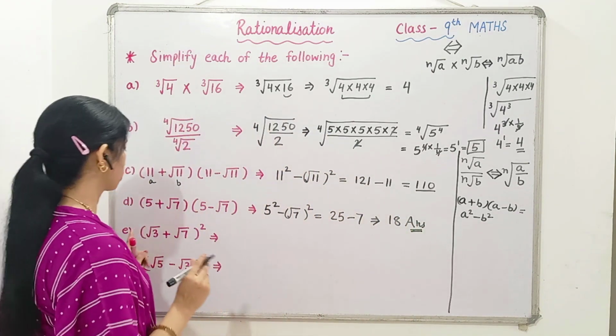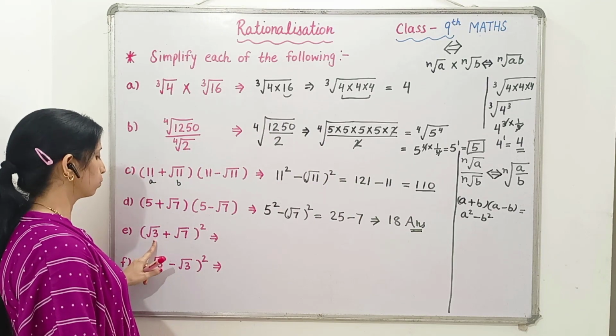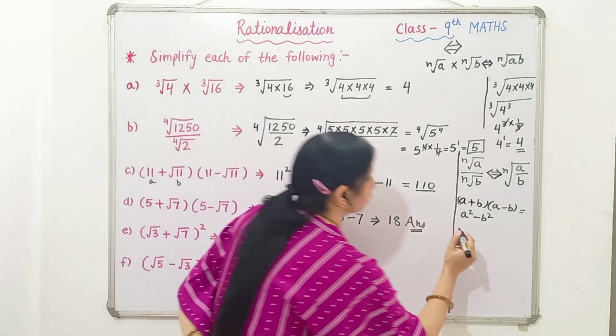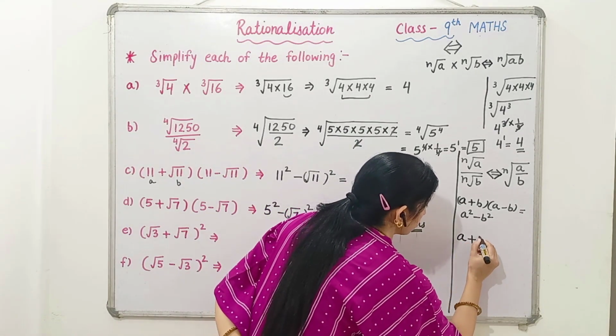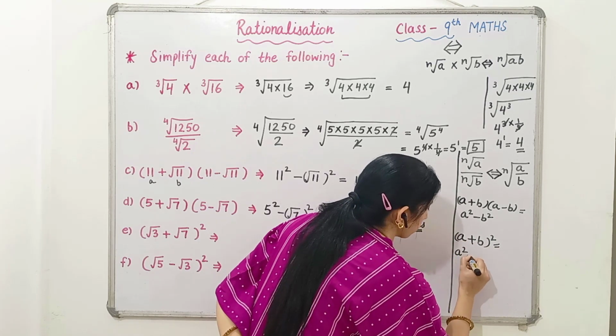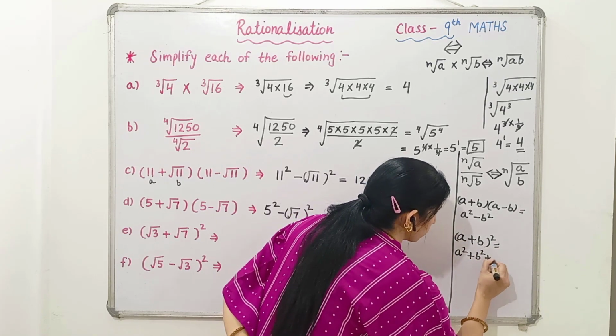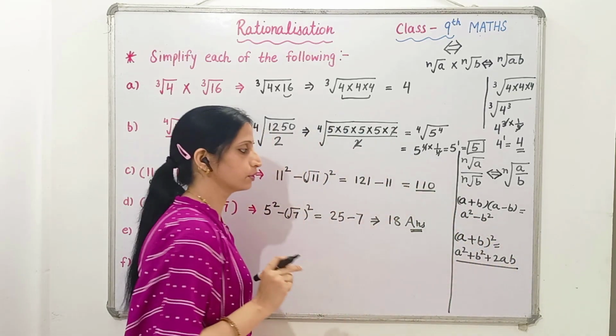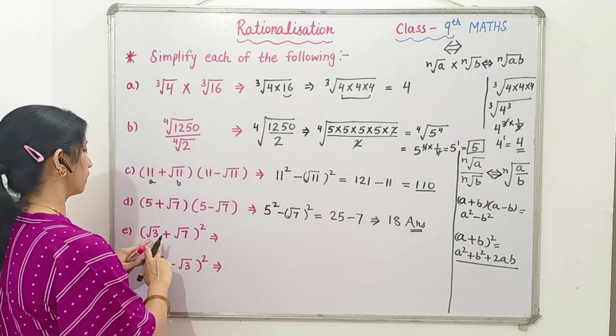Now come to the next question. It is root 3 plus root 7 whole square. So what will we do? We will use this a plus b whole square, that is equal to a square plus b square plus 2ab. We will use this identity here. So what is a?